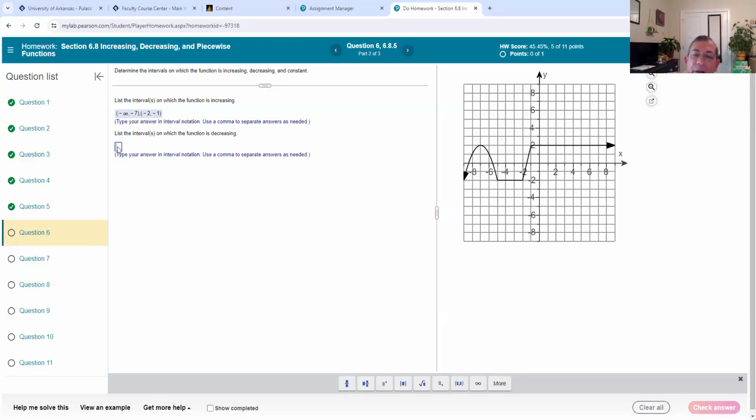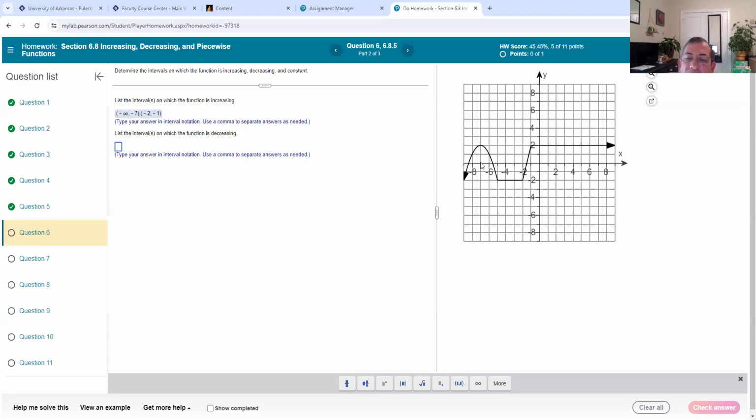So decreasing. Y'all, there's only one part where it's decreasing and going downhill left to right, and that's the right side of that parabola. It starts going downhill there. So what we need to know is what is the x value of that vertex? So there's my vertex.